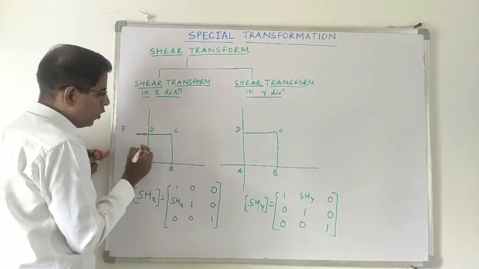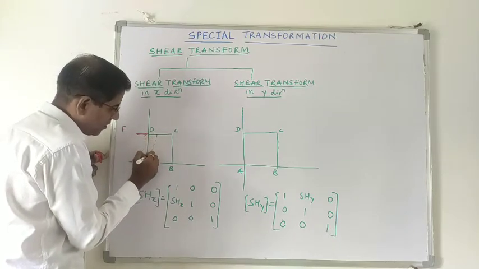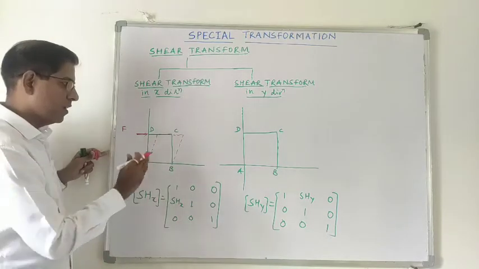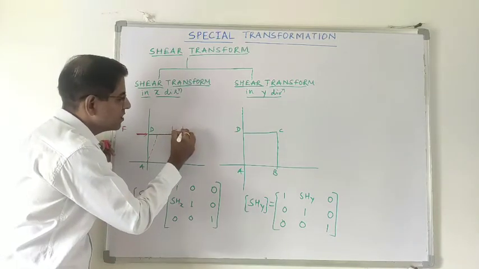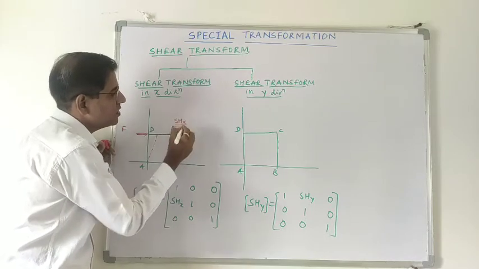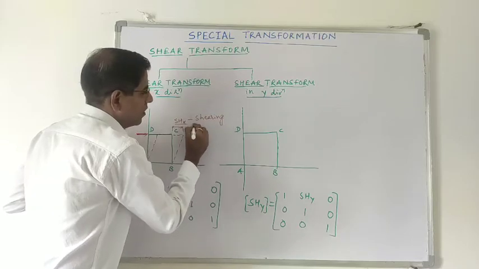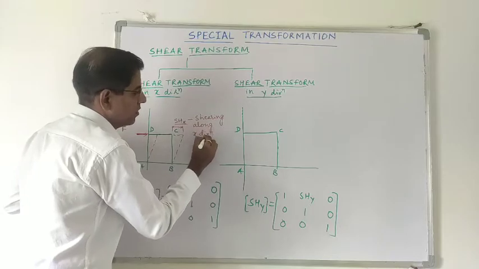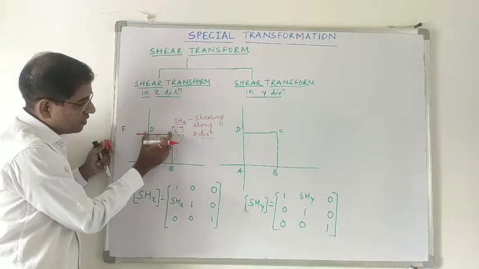So this sheet will get shifted in this direction, right? So this distance is SHx. This is shearing along x direction. So this plate will shift.